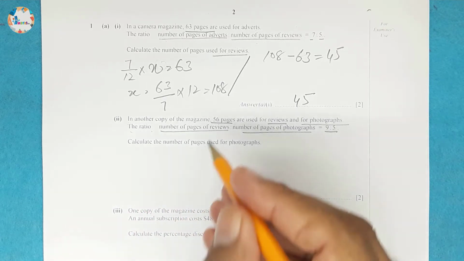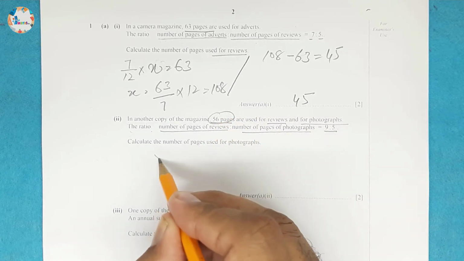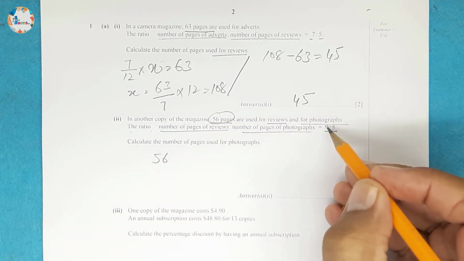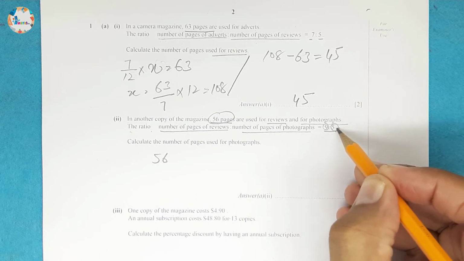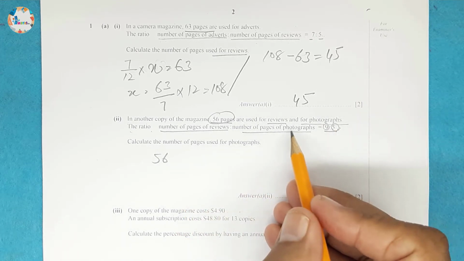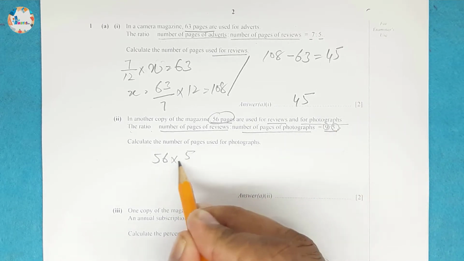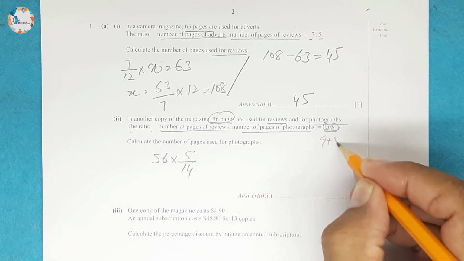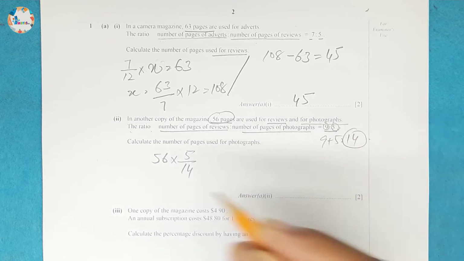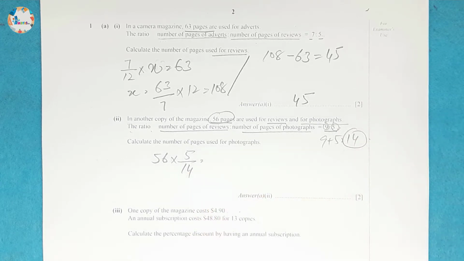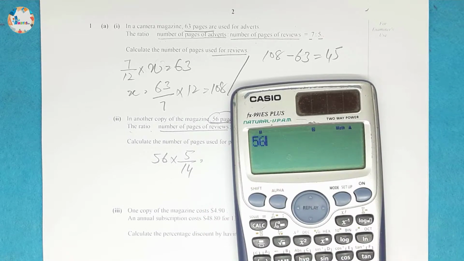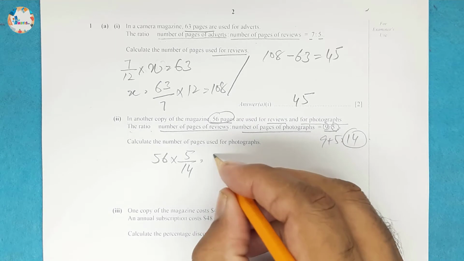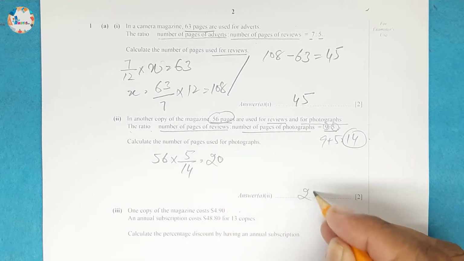So basically 56 is the total which we have to split in the ratio 9 to 5. The 5 part will be for photographs, so 5 out of 14, since the sum of the ratios is 9 plus 5, which is 14. If we calculate 56 multiplied by 5 divided by 14, this results in 20. So there will be 20 pages for photographs.